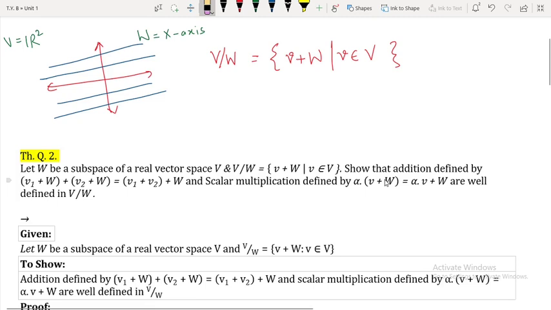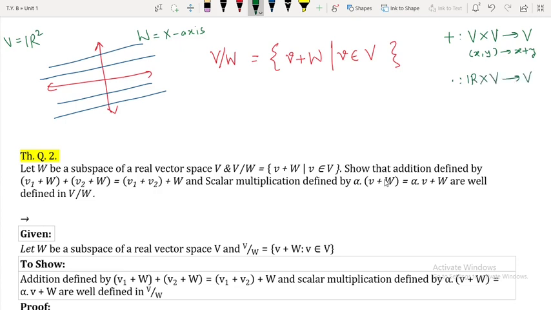Over there, what was our addition? Addition was defined so that (x, y) goes to x + y, and scalar multiplication was defined as R cross V goes to V, with the image given as alpha dot x.